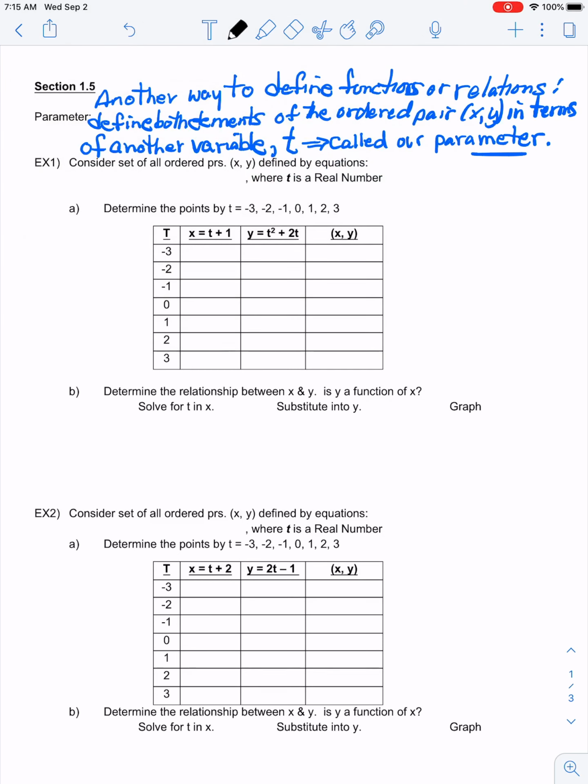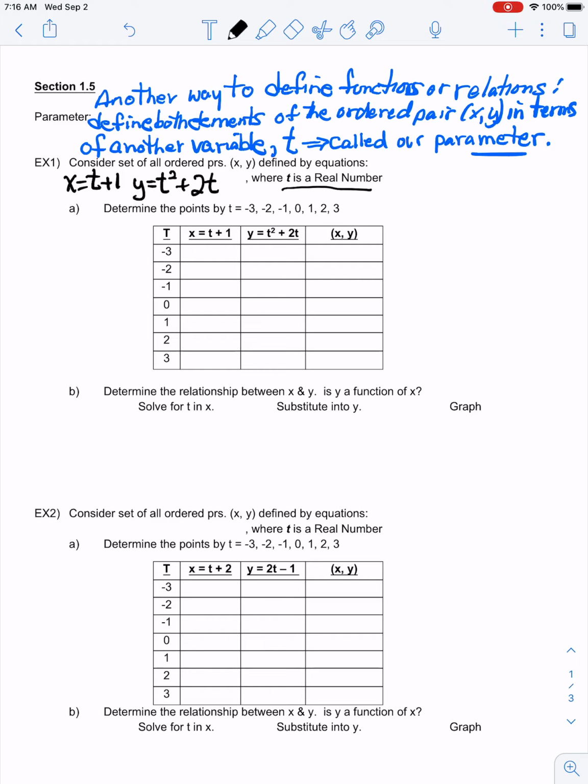Okay, so let's say that X is equal to T plus 1. And we're going to define Y to be T squared plus 2t, where t is a real number. Okay, I copied that part, so that's good.